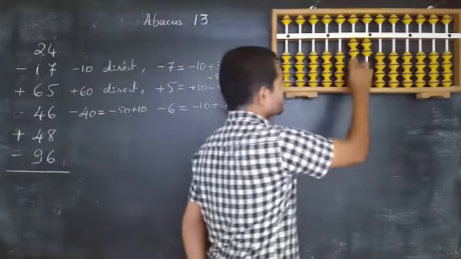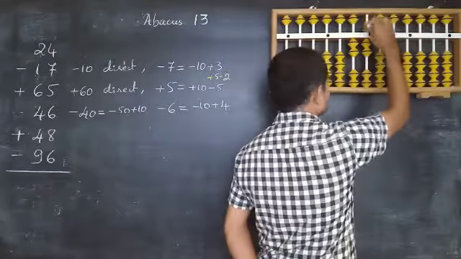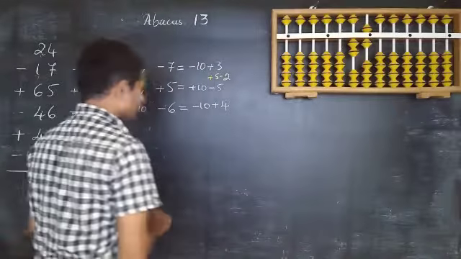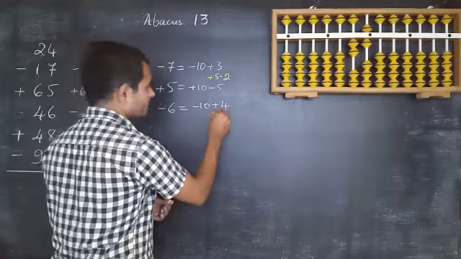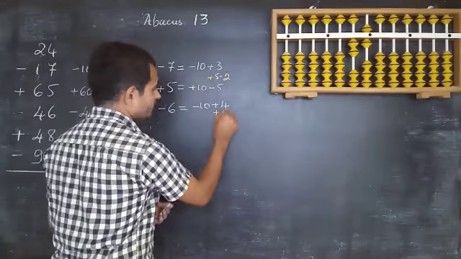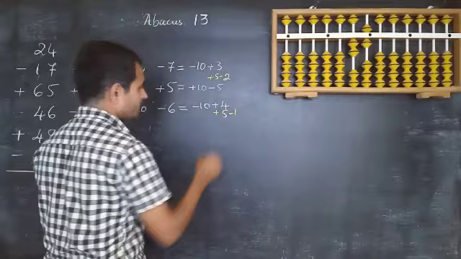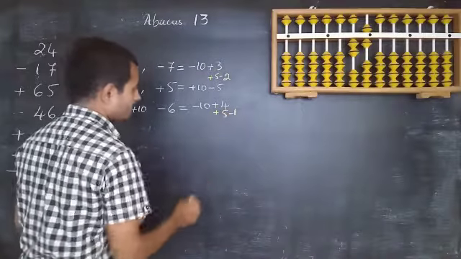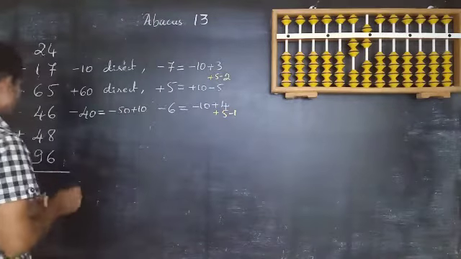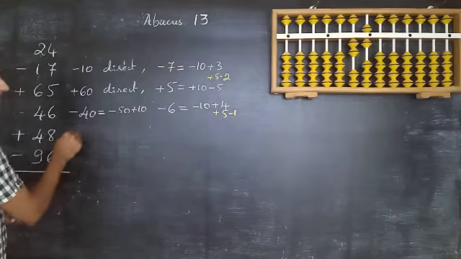Plus 4 is not possible, so indirect formula: plus 5 minus 1. Correct.